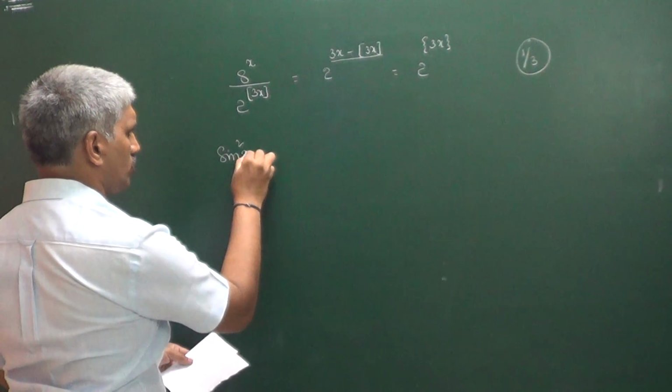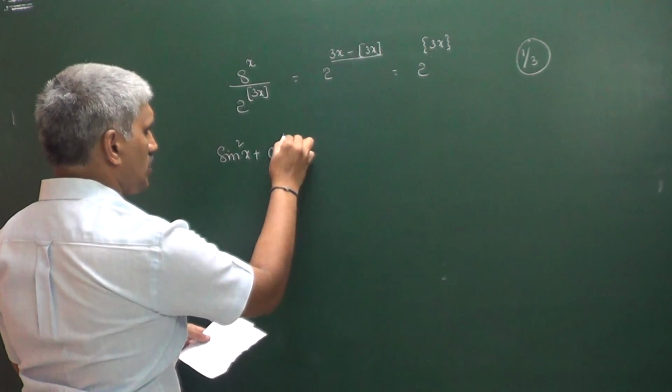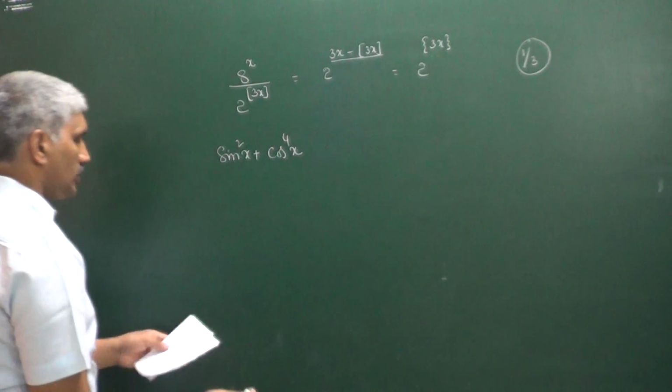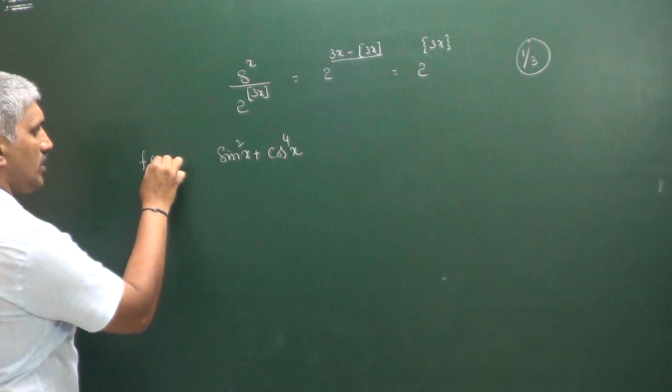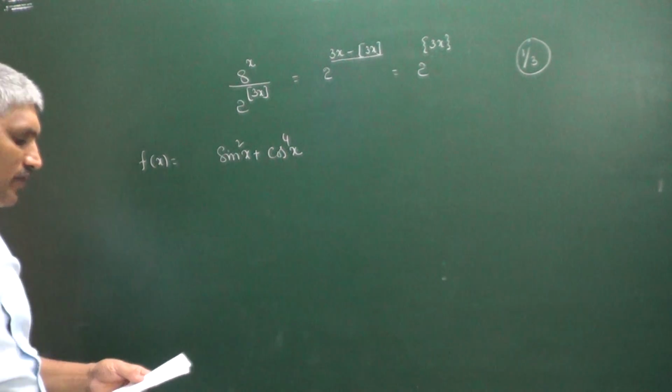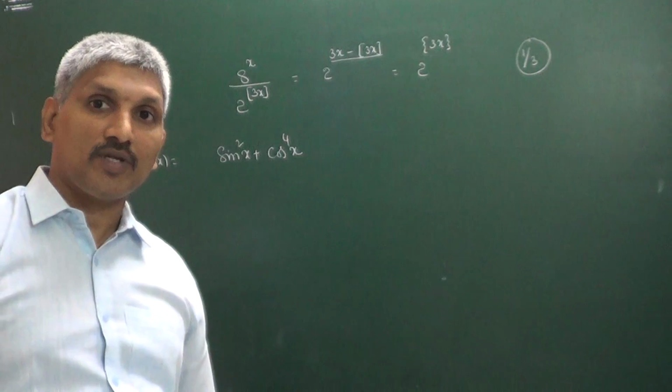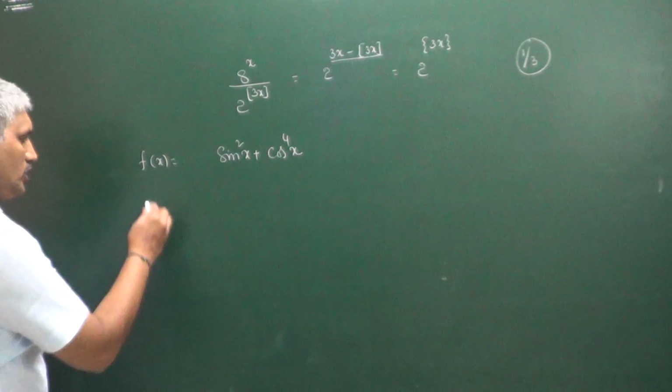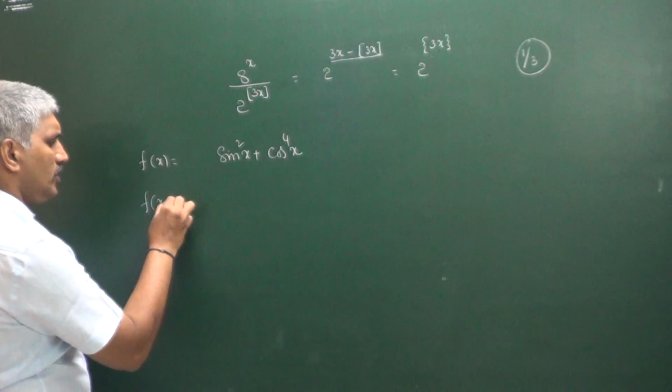f of x is equal to sin square x plus cos x, whole to the power of 4. That is the problem given. What about the period of this function? You can check f of x plus pi.